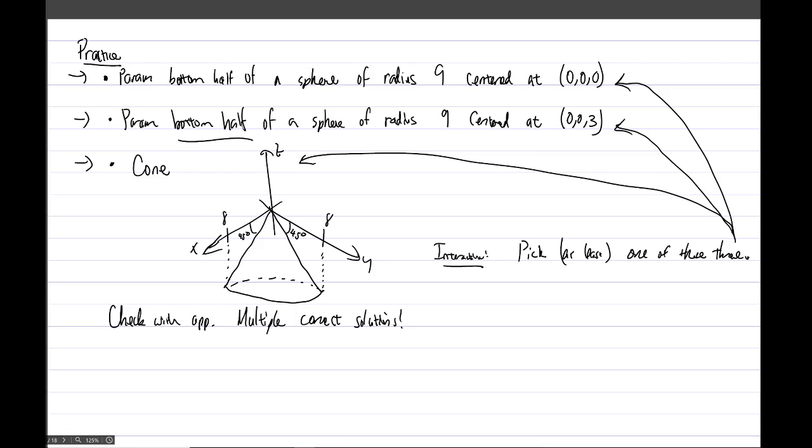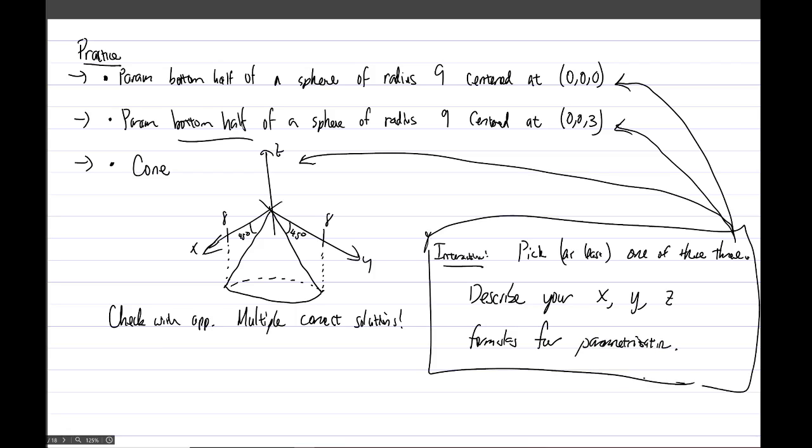Okay, pick one, and then describe your parameterization. Describe your x, y, and z formulas for the parameterization that you use. Okay, I think that's a good interactive question, a challenging one.